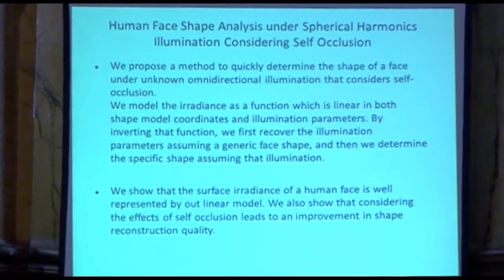With this pre-computed self-occlusion inside the model, you can simply invert the model and estimate the shape that gives rise to a certain pattern of shading just by solving a linear system of equations.